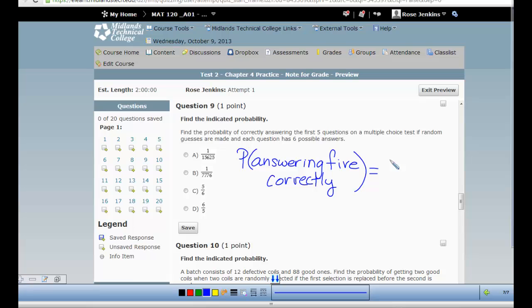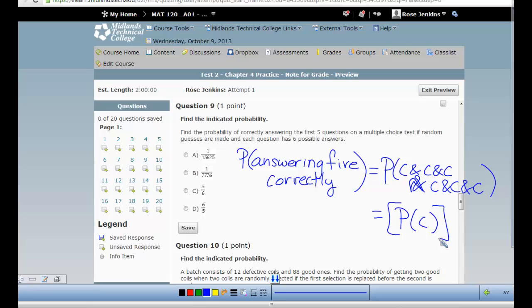So I could write out some details: probability of correct, and correct, and correct, and correct, and correct. We're using multiplication. We decided that they were independent because the outcome of the first doesn't affect the probability of the second.